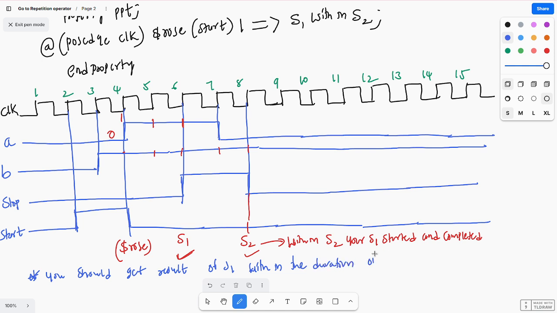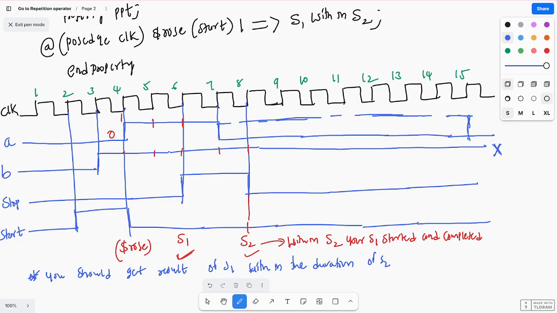Suppose A is 1 somewhere here, at the 15th cycle. Then S2 is already completed but S1 is not yet completed, so that means your assertion will fail. Within this S2 only, your S1 should pass, then the total assertion will pass.